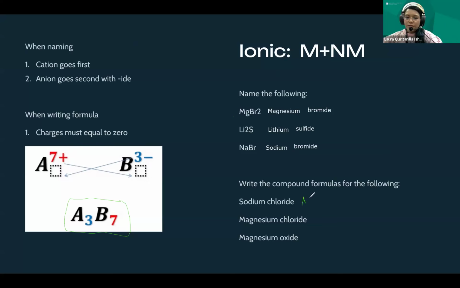Sodium is Na and chlorine is Cl. If we go back to the chart, or if you remember from the periodic table, Na is in the first column, so its charge is +1, and chlorine has a -1 charge. So +1 and -1 equals 0. So that formula is correct.